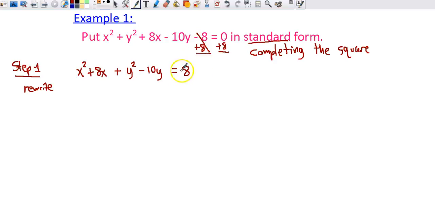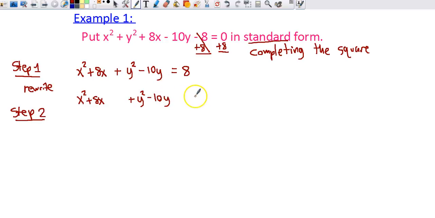The second step, this is the most crucial step, because the second step you have to do the same process every time. All right, here is that step. After the 8x, leave a little gap.